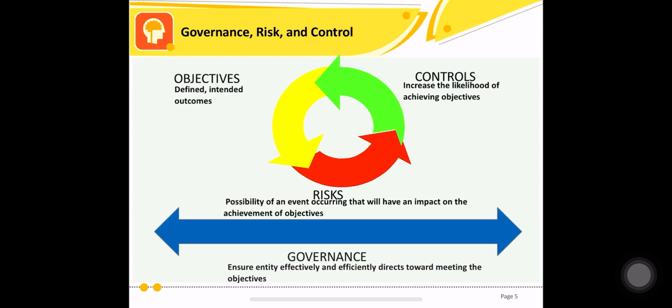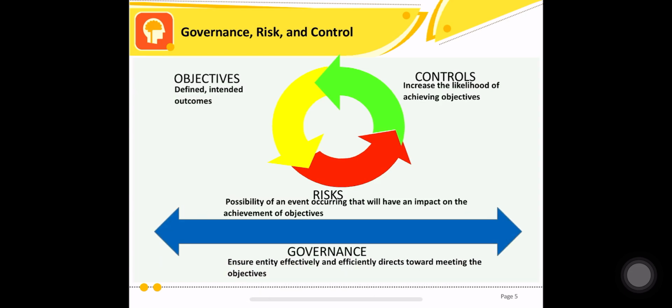Period. Then we have discussed governance, wherein governance exists to guide the company, and governance is under the responsibility of the board, guiding it to the achievement of objectives through 2 major components. Remember the 2 major components?